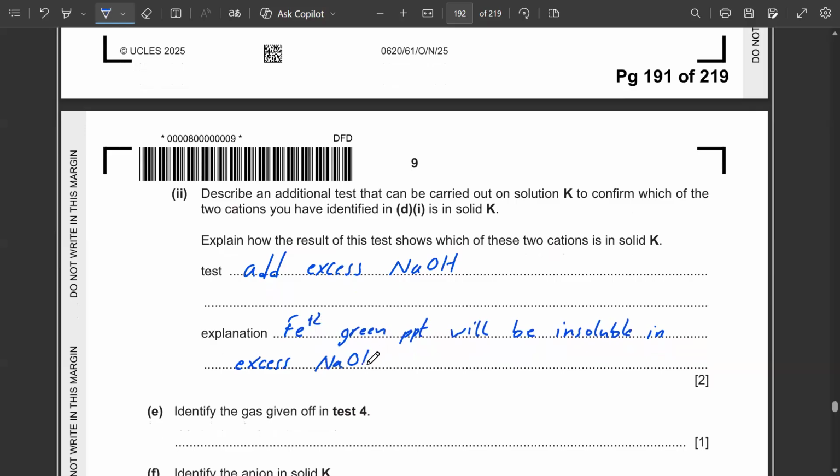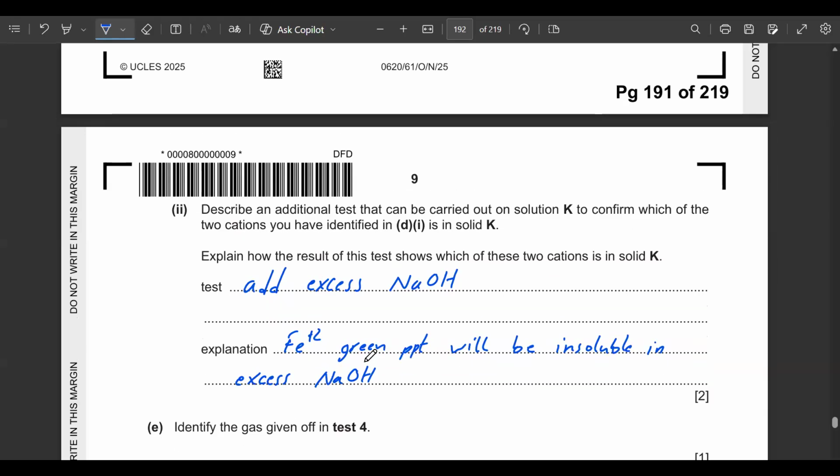In excess sodium hydroxide, not ammonia. In excess sodium hydroxide, it will be insoluble.